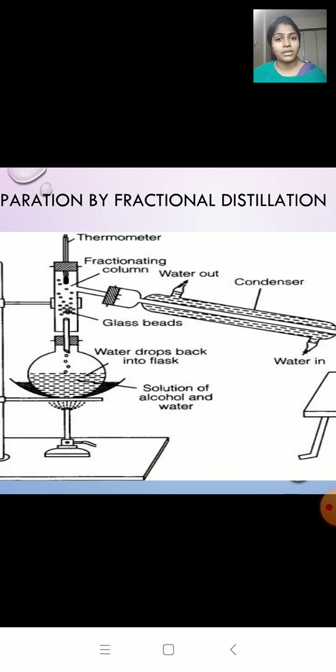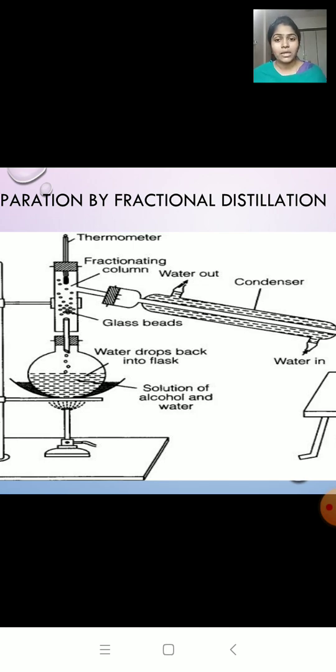So for water, that 78 is very less. When the water vapor hits the glass beads on the top part of the fractionating column, it will cool because the temperature over there is low for the water. So the vapors will cool and condense. That means they will turn into liquid and fall back into the flask.